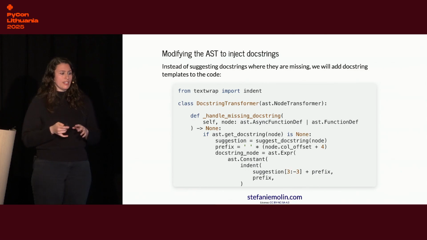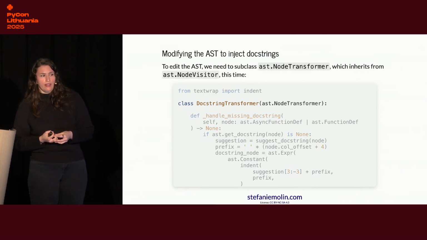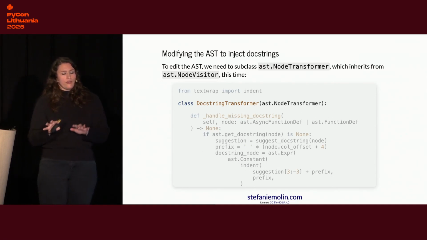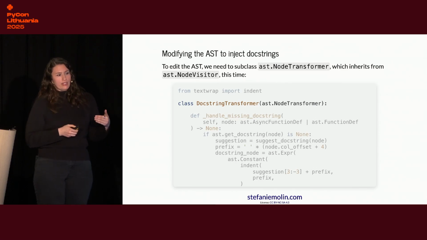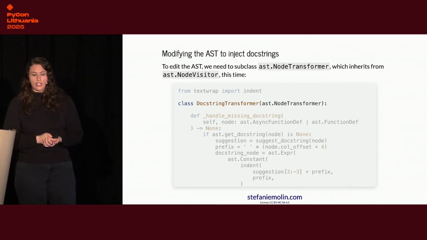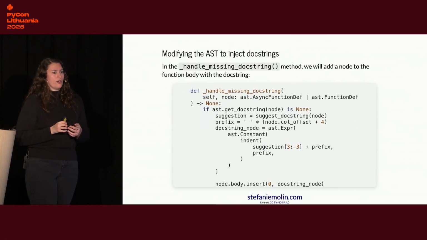So for that, we need to change, and we're going to instead inherit from node transformer. Node transformer does inherit from node visitor, so we've already covered that it will do the traversal correctly, but it just has the ability to actually edit the AST. So our new class is going to be called docstring transformer. And we're going to have a method on here called handle missing docstring. We're only going to be working for the function nodes.